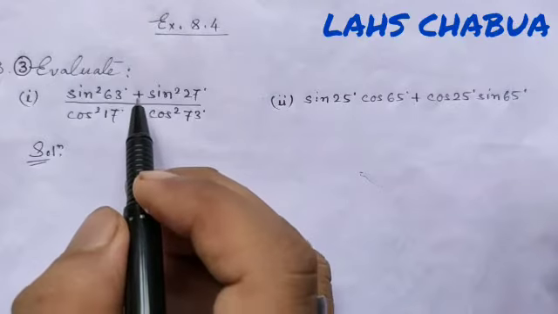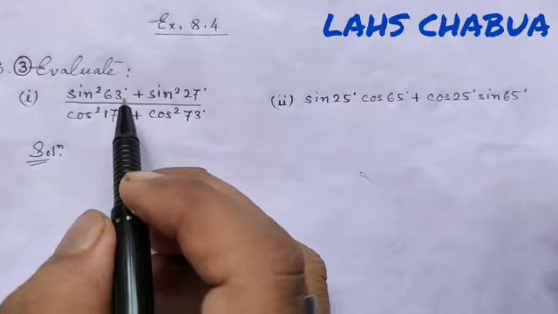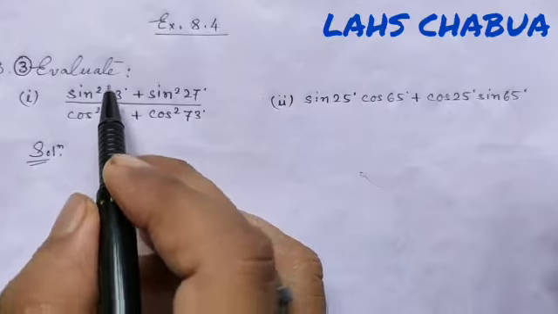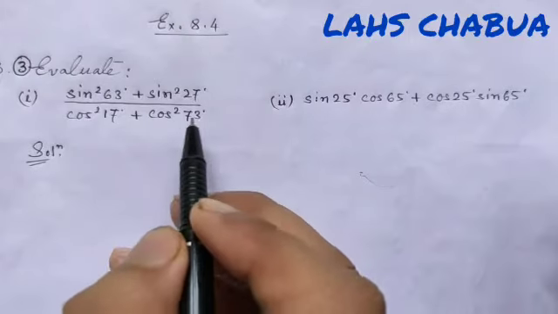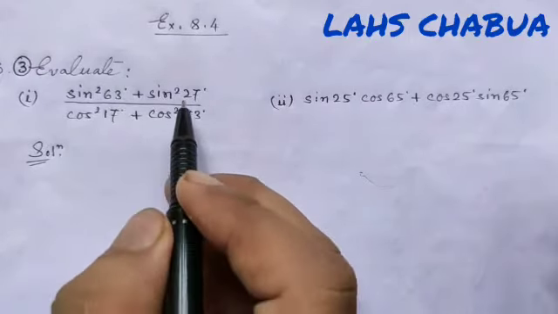If you go through the value chart, that is the table for the different trigonometric ratios, you won't be able to see values such as 63, 27, 17, 73. So whenever you attempt such a question, you must have knowledge of the complementary relations of trigonometric ratios. Now we are going to apply the same here.